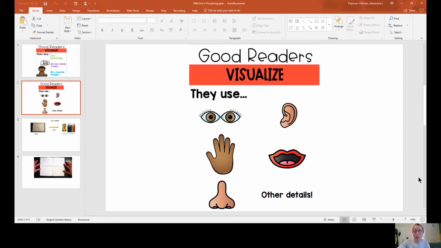Okay, friends, I'm now going to share. If You Give a Mouse a Brownie. The first read through of this, I am not going to show the pictures. The second read through, I will show the pictures. If You Give a Mouse a Brownie, written by Laura Numeroff and illustrated by Felicia Bond.